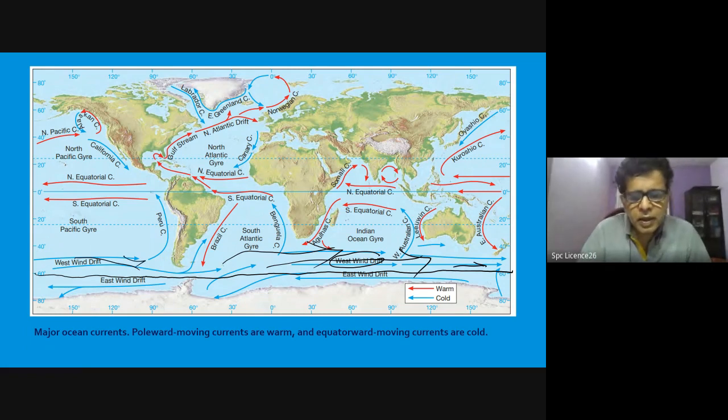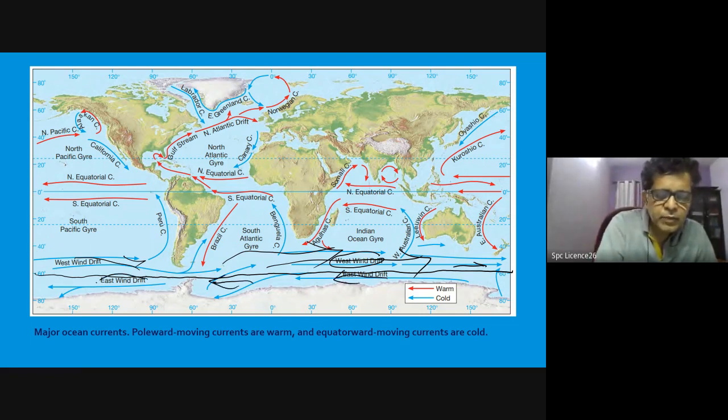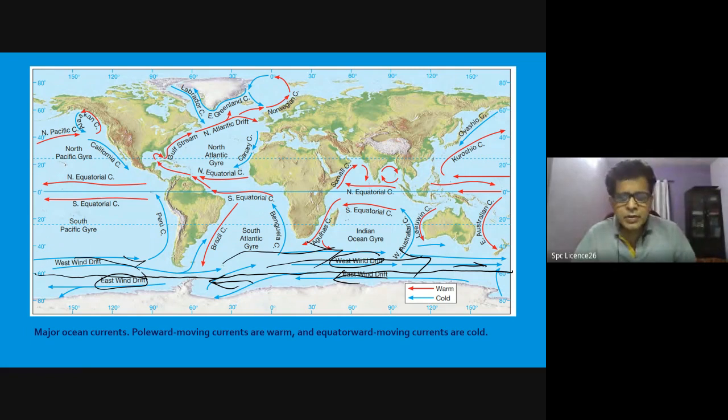Though the westerlies are very strong here, to the south of the boundary of the Southern Ocean you have these arrows moving the other way, called the east wind drift. This is possibly one of the major reasons why the Southern Ocean needs to be classified, because this movement is very interesting.